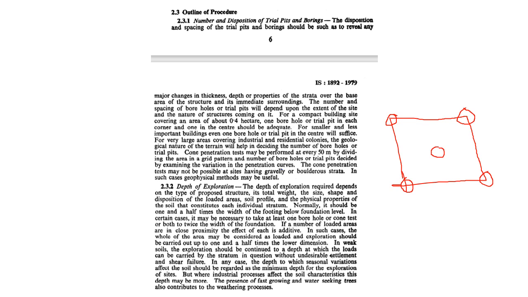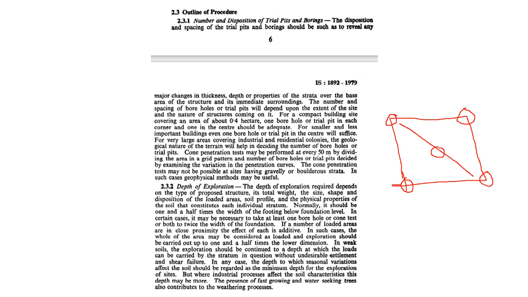So this way, you should be able to understand this variation as well. Not just this variation, but diagonally also, how your soil profile is varying with respect to your plan. Okay, so all these ideas you should be able to collect through boring. So this is one recommendation for a compact building site covering an area of about 0.4 hectare.